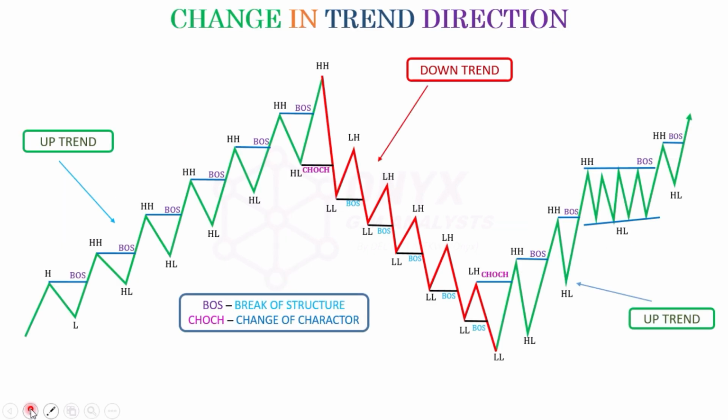Let's continue. Now, we have been talking about an uptrend. We've spoken about a downtrend. Now we want to know, maybe you ask, I'm noticing here that we are having a high, a low, a higher low, a higher high, a higher low, higher high, so on and so on.